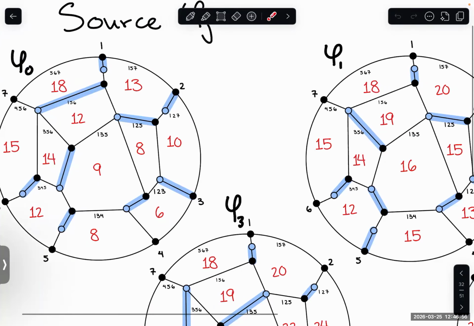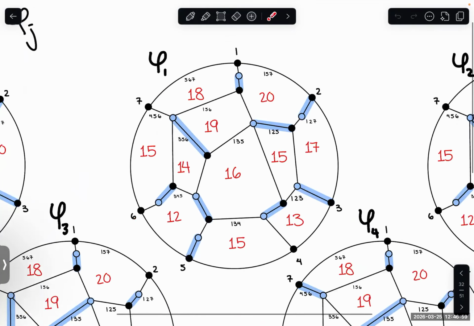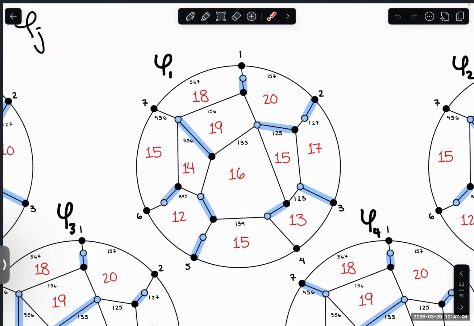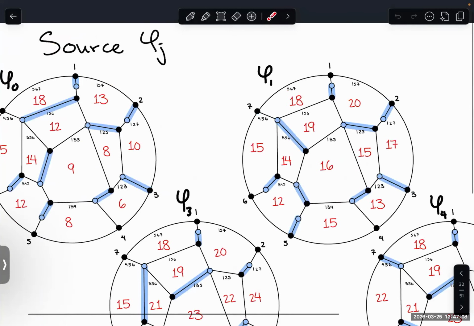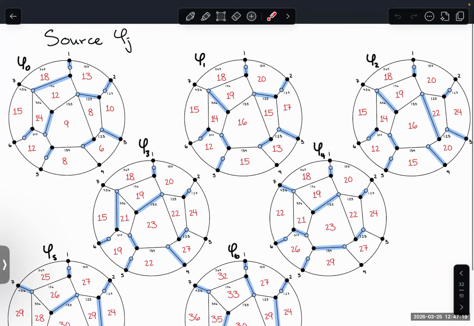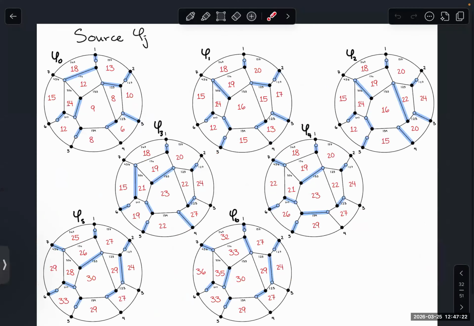But as we move to phi 1, every time I see a 1, it's treated as an 8, for example. Comparing the two, we see that any face with a 1 now has a height valued at 7 more. And we'd see the same sort of situation as we pass from phi 1 to phi 2, phi 2 to phi 3, and so on.